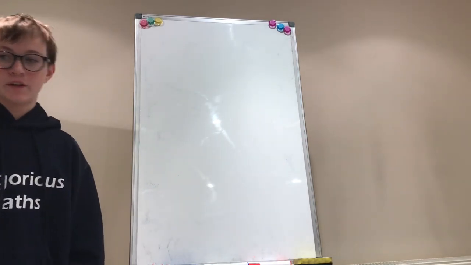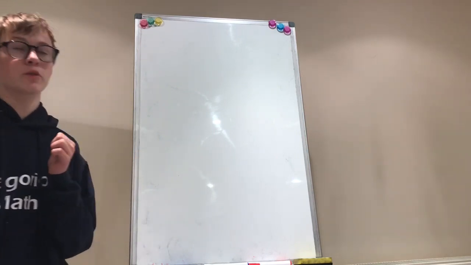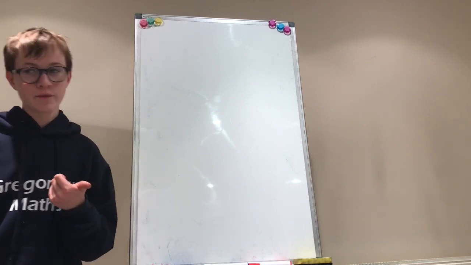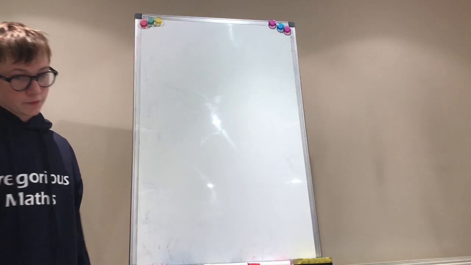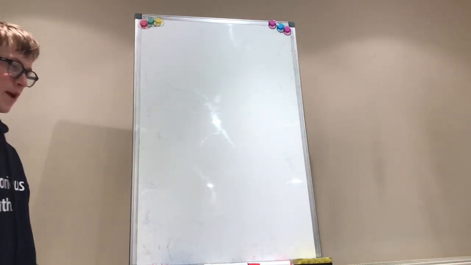So in the last video we looked at a certain type of topological space with the subspace topology and subspaces. And the video before that we defined a topological space and gave some examples on Rn.